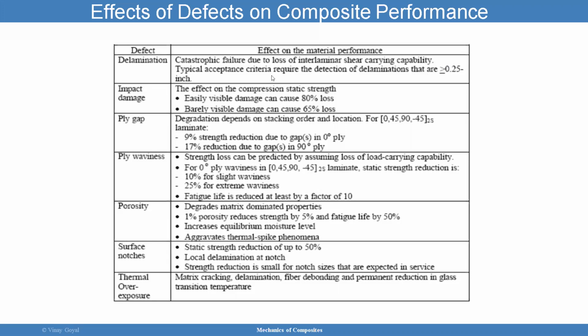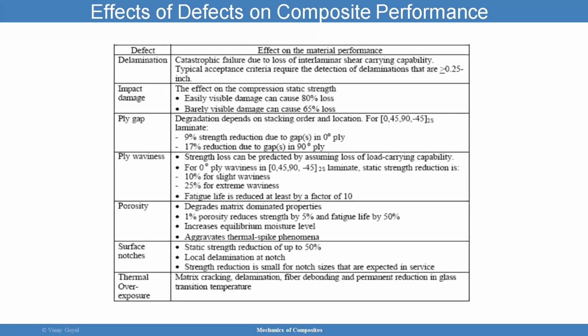But when I say acceptance criteria, I'm not saying it's going to be 0.25. Some people can say 1 inch. It depends on the design. What I really mean is, if there's a part that you manufactured and there's a delamination, which is a defect between two plies, and that defect occurred during manufacturing, you want to have some sort of criteria that tells the quality engineer, if this defect is too large, you may want to repair it.